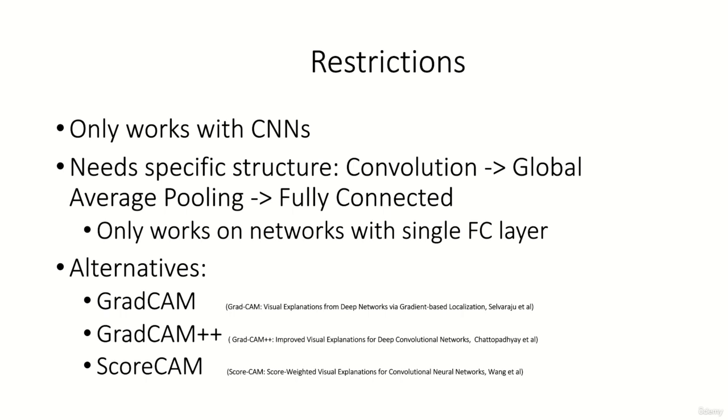When you want to apply class activation map based methods to other network architecture or a non-convolutional neural network, you can use some alternatives. As an example, GradCam and GradCam++, which are both extensions of the CAM method. Additionally, if you want to use a more recent method, you can also try ScoreCam.